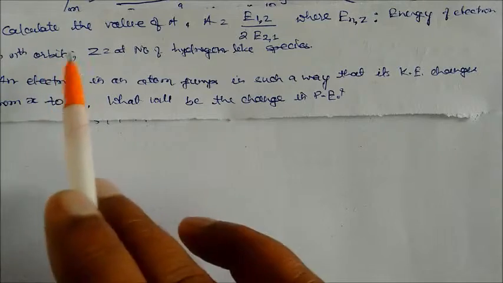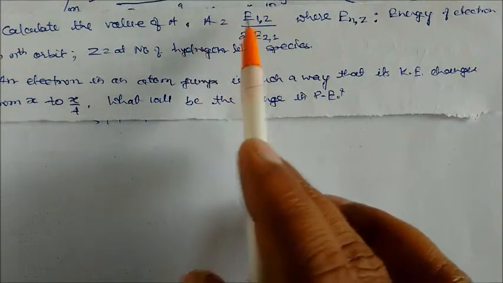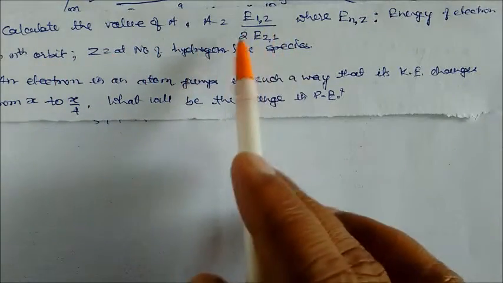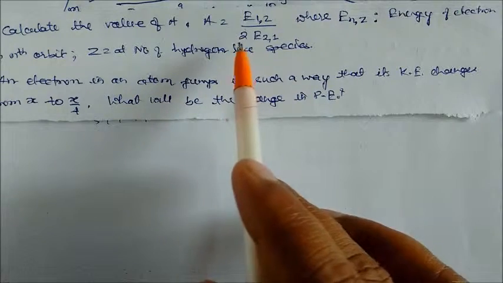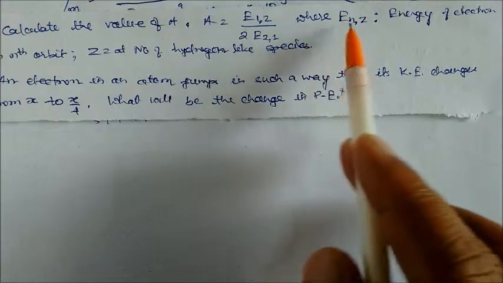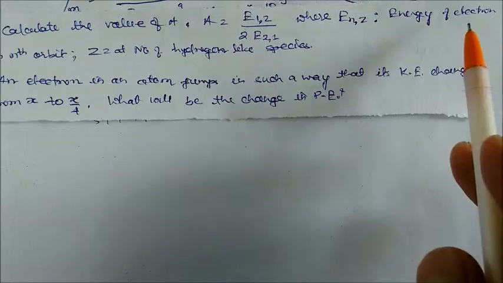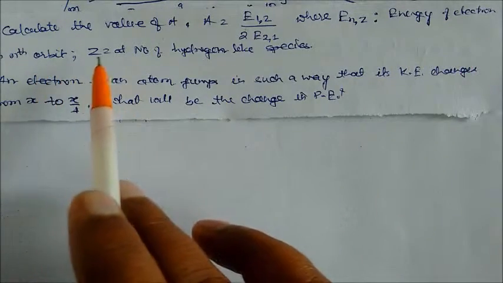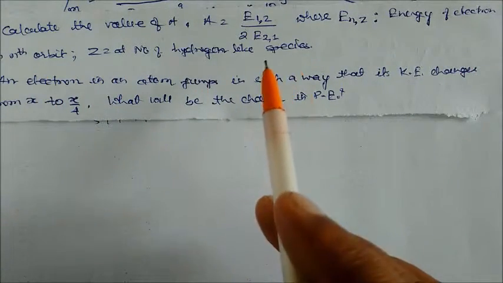Calculate the value of A, that is A equal to E(1,2) divided by 2 into E(2,1), where E is the energy of the electron in the nth orbit and Z is the atomic number of the hydrogen-like species.